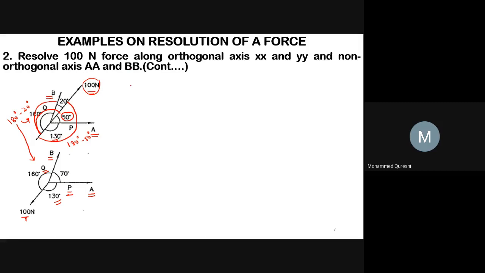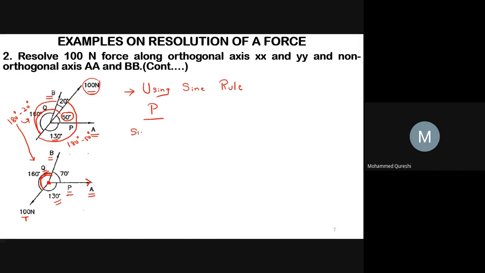So now, using the sine rule, your one force is P upon sine of the angle opposite to P force. Here is your point of application, and from here your P force is going outward. The angle opposite to P force is 160.